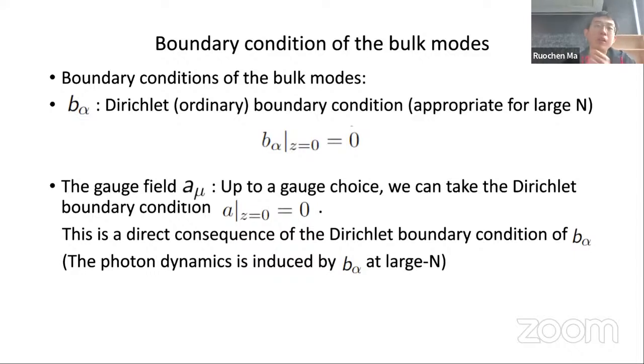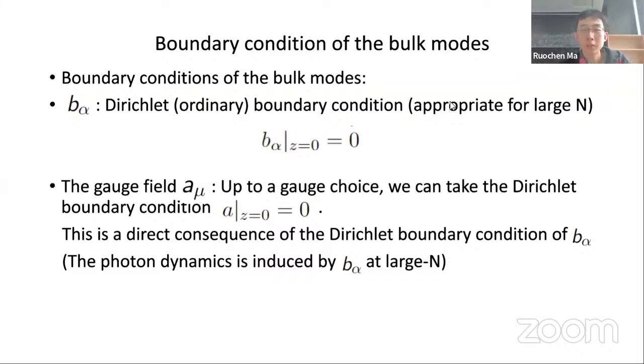Okay, so as I already said, there are the B boson and the dynamical U1 gauge field little a, and they already have very non-trivial dynamics in the bulk. And the relevant question is, what is the proper boundary condition of these bulk fields?